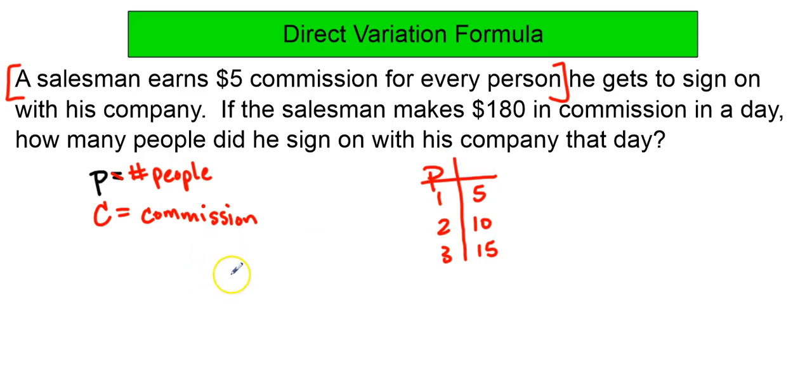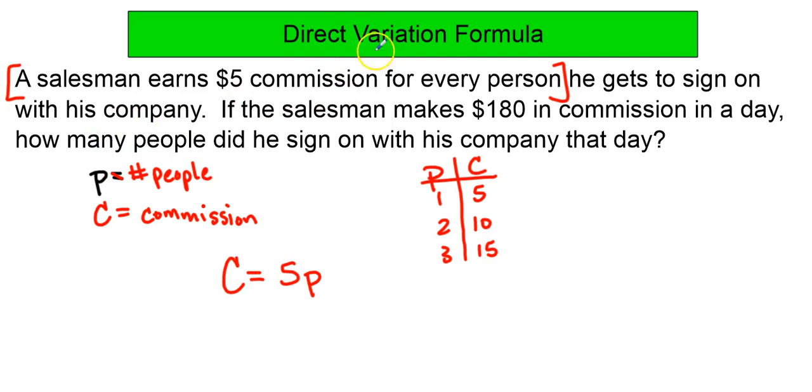So if I want to write an expression that represents this relationship between these two variables, well, my total commission, or the total amount of money that I'm going to make, is going to be dependent on how many people I sign up. And more specifically, I'm going to make $5 for every person. So my total commission is going to equal 5 times however many people I get to sign on.